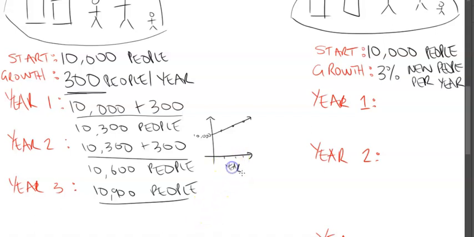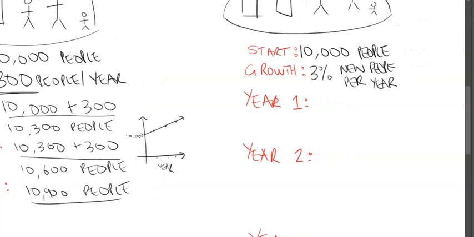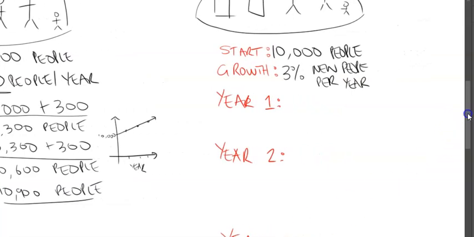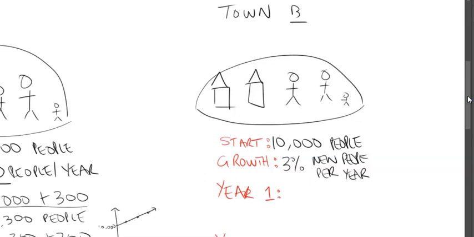This is why it's called linear growth. Nothing changes. We're not adding more people to this growth. It's a consistent growth that keeps going and going. The reason I pointed that out is in order for you to understand exponential growth, we've put this growth as 3% of new people per year based on the previous year.